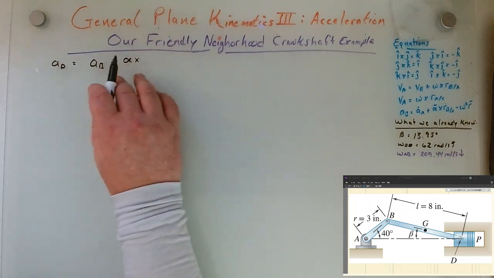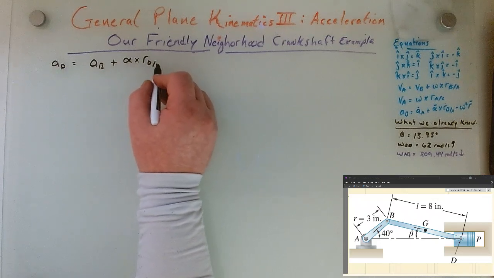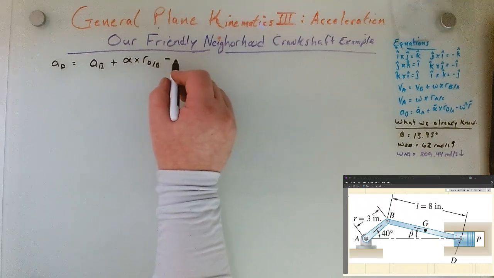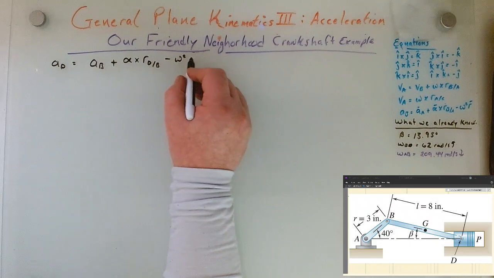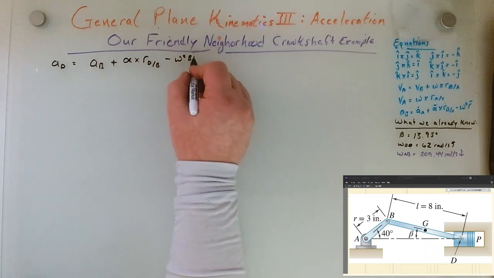The way to write this is R_DB, and I'll come back in a second to talk about what that means. This is our omega squared, and here I'm going to say this is BD.